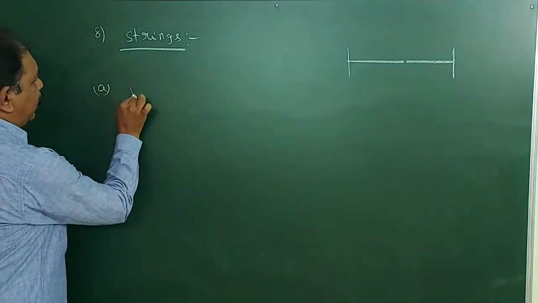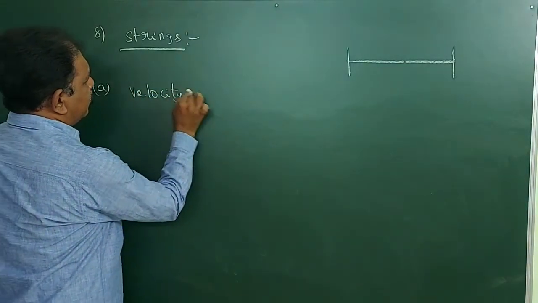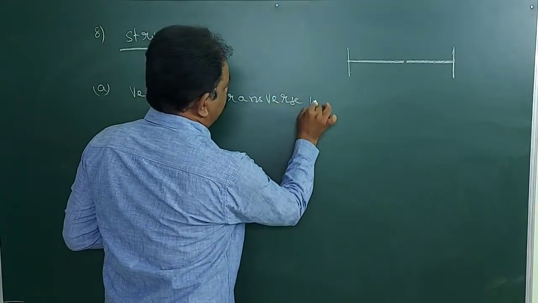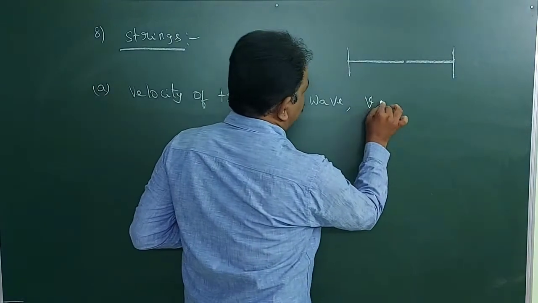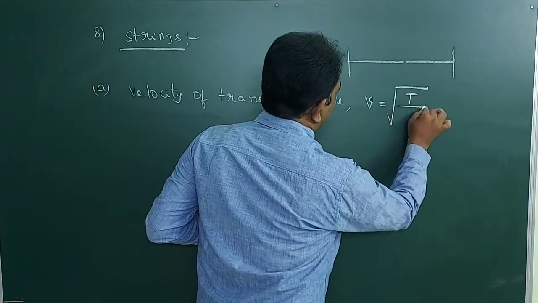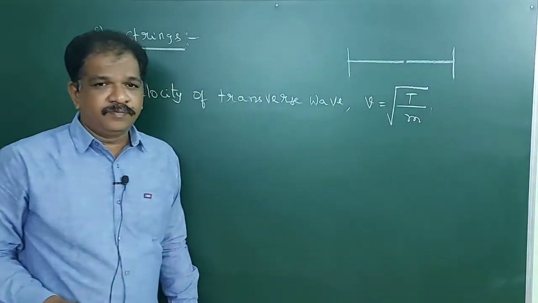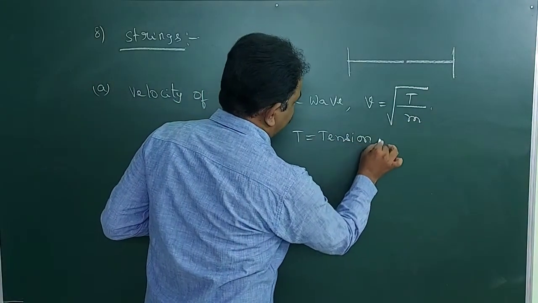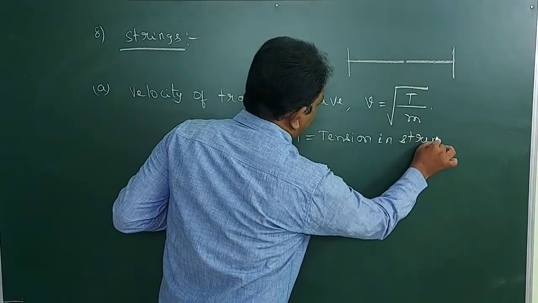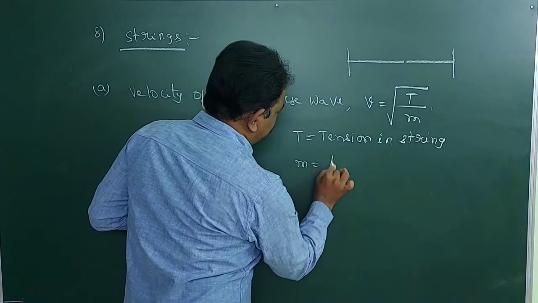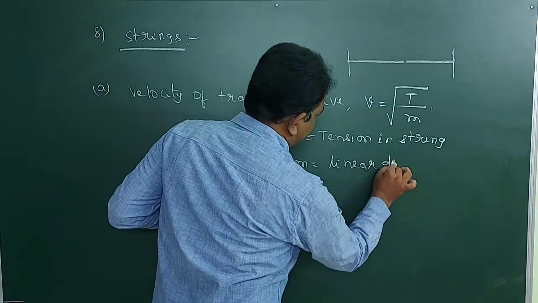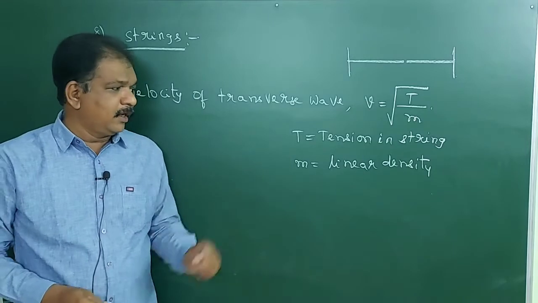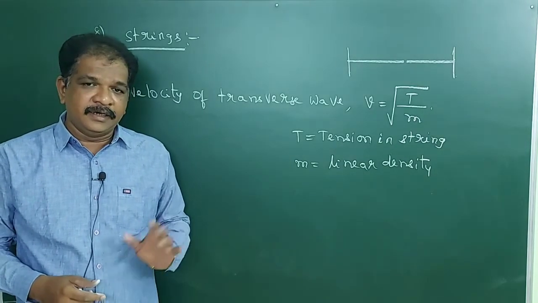Velocity of transverse wave: V is equal to square root of T by m, where T is the tension in the string, and small m is the linear density.